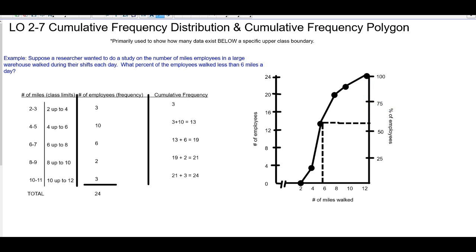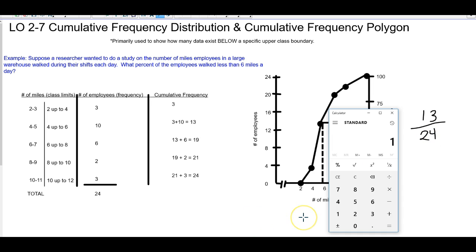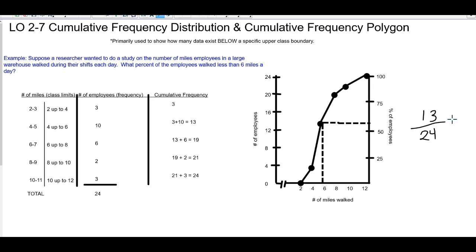And of course, we can calculate this mathematically as well, because we know that it's 13, so we would do 13 divided by 24. We would get our calculator and we would do 13 divided by 24, 54.17%. So let's just round that to a whole number, make our lives easy.